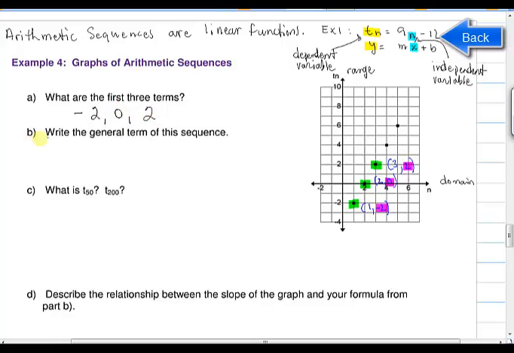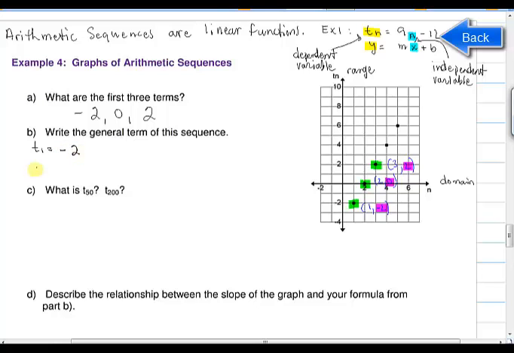So the next part of the question asks you to write the general term of this sequence. All you need to know in order to write the general term is what T1 is and what D is. According to our graph and what we determined in part A, T1 is -2.